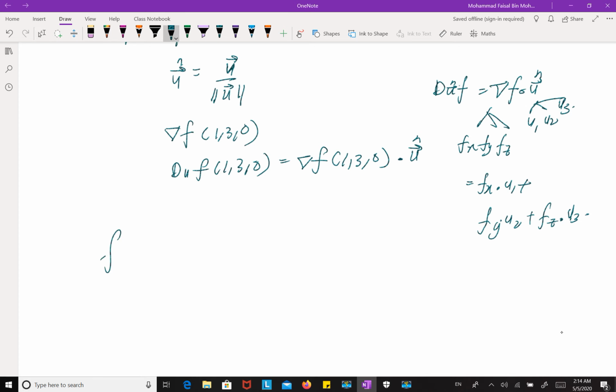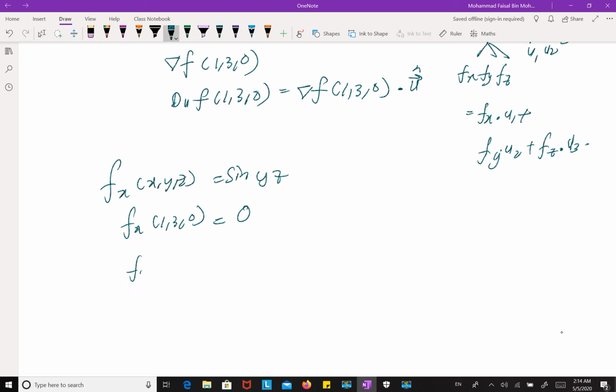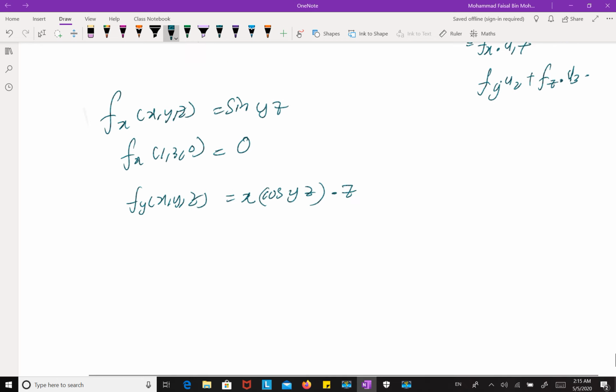So now we do fx(x,y,z) will be sine yz. So at (1,3,0) we'll have sine 0, which is 0. Fy(x,y,z) is x cos yz times z. At (1,3,0) also 0.